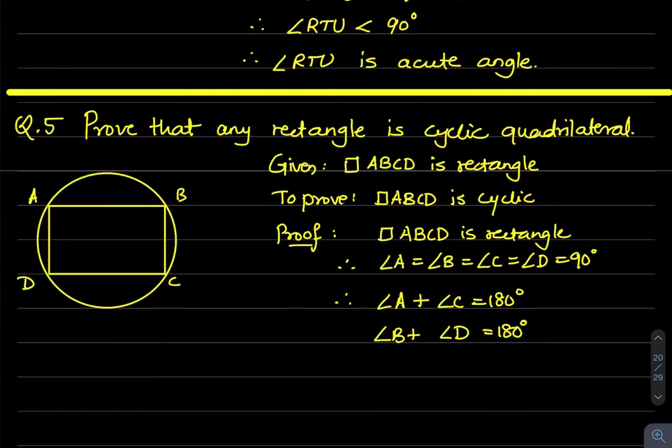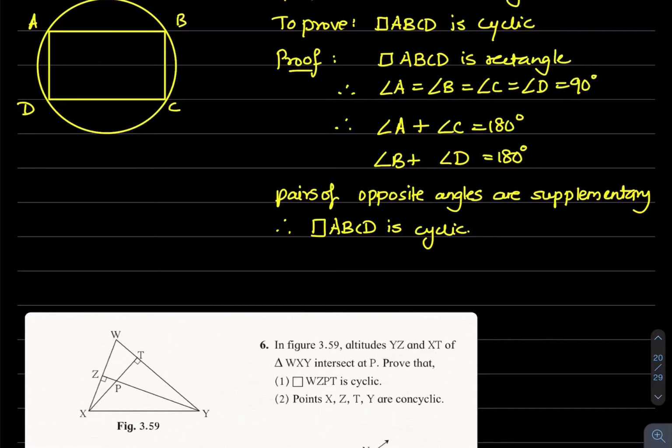That a pair of opposite angles is supplementary. So I will pick this angle and this angle. Then angle A plus angle C equals 180 because both are 90: 90 plus 90 is 180. Similarly, for the other pair, angle B plus angle D will also be 180 degrees. So opposite angles are supplementary. So quadrilateral ABCD is a cyclic quadrilateral.